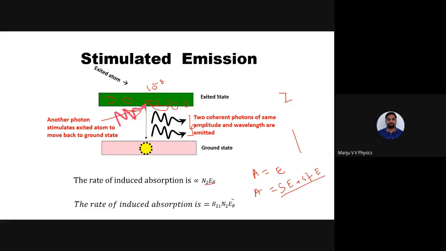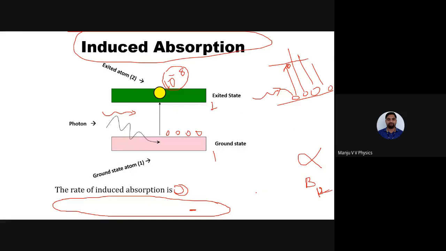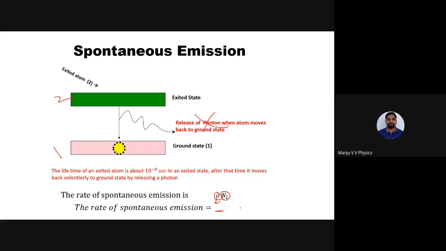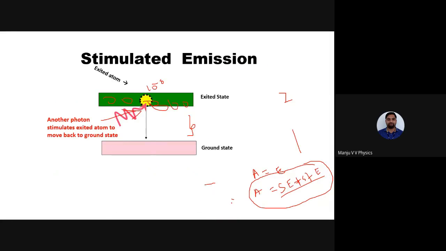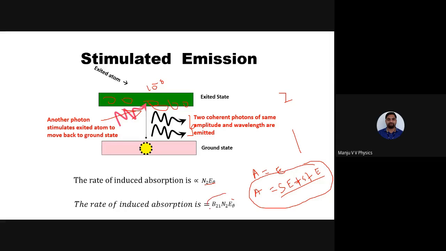Using conservation of energy, we substitute the absorption equation, the spontaneous equation, and the stimulated equation. Using these three equations, we do some mathematical operations. Then we determine something called the energy density, the Einstein energy density equation.